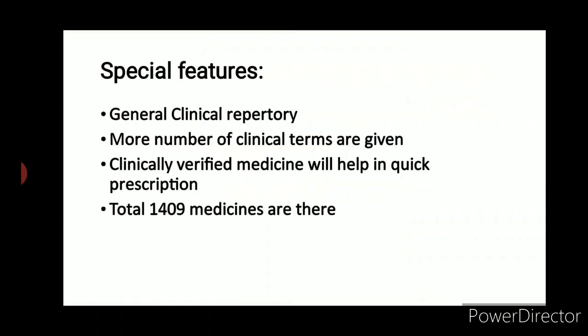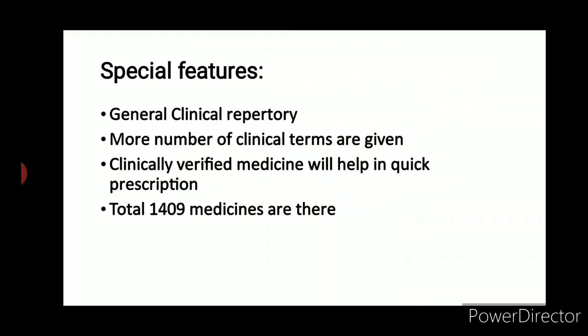Some special features. This is a general clinical repertory, which means it contains the rubrics of the whole human organism from head to foot, from mind to lower extremities, and it is based on clinical rubrics and clinically verified medicines.